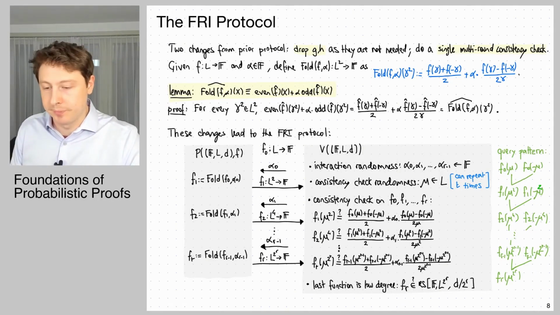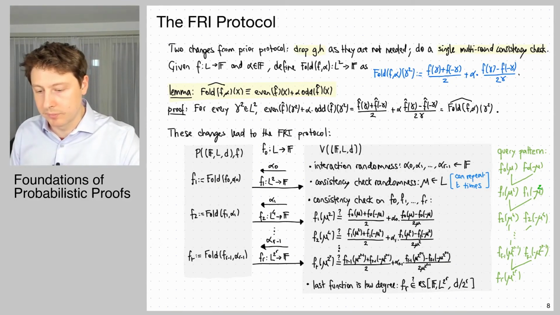You mentioned that this cannot be analyzed recursively, but we could do these consistency checks every round. So then why can't we do a recursive analysis? Because it's correlated. You cannot just have a recursive call on some independent randomness. The randomness sort of is shared across all rounds.